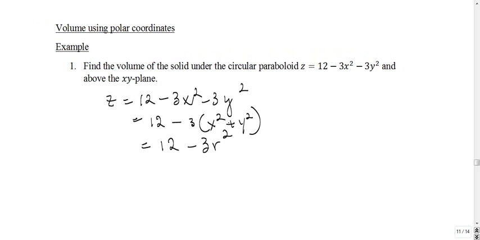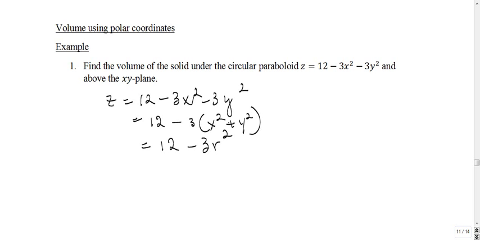Okay, now we need to know the limits for r. This is what we are integrating, but we need the limits for r and we need the limits for theta. It is above the xy plane, so what we need to do is to intersect this with the plane z equals 0. So put 12 minus 3r squared equal to 0, and that will give you your limits for r.